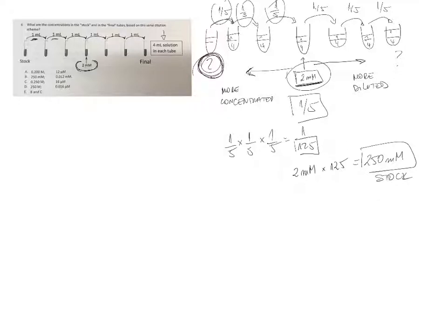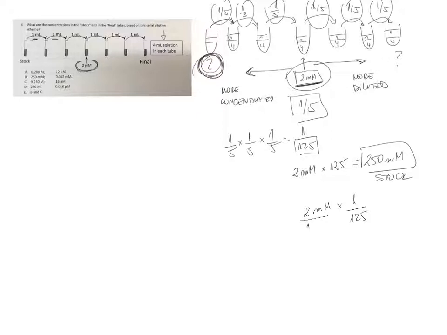Now let's go for the diluted one. For the diluted one, you know, again, you diluted 1, 2, and 3, and you already know that when you do that 3 times the dilution of 1 in 5 is 125, but this time you were diluting, so now you again start from 2 millimolar, but now you have to multiply directly by the dilution factor, that is 1 over 125.